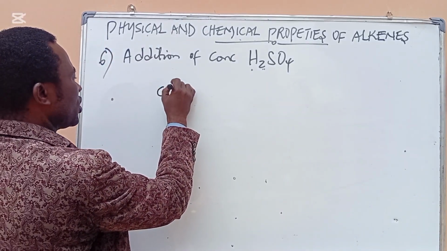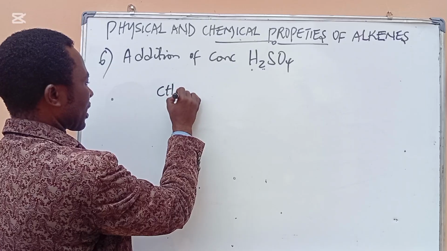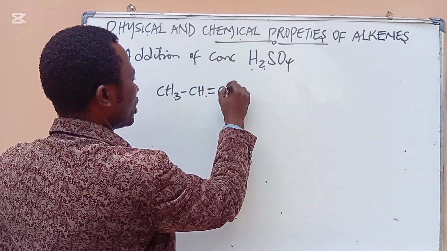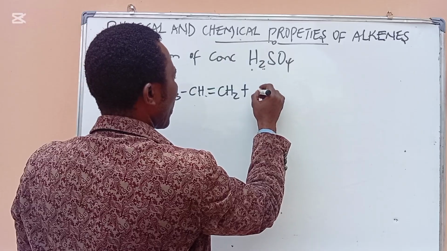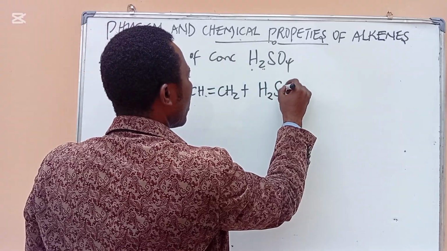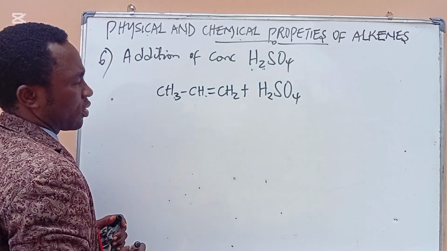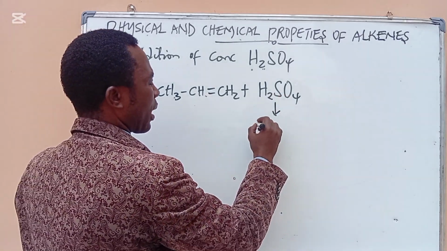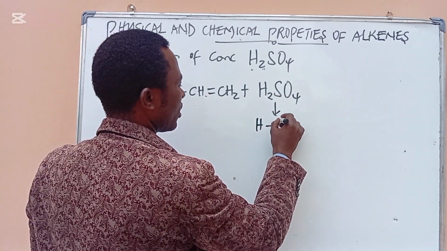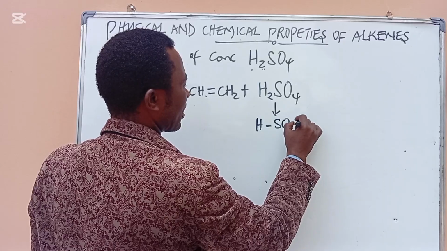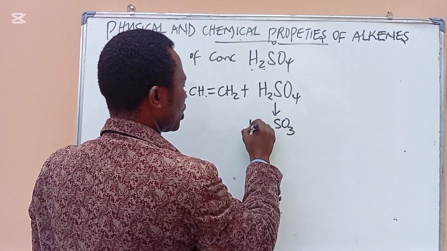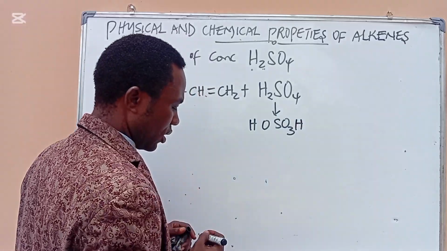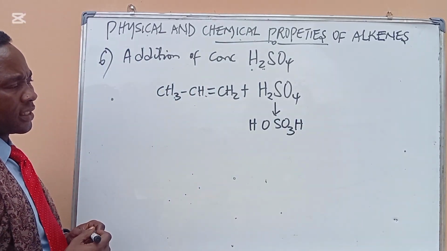Now we have CH3 CH double bond CH2, and we are adding H2SO4. Remember, H2SO4 can be written as HOSO3H.